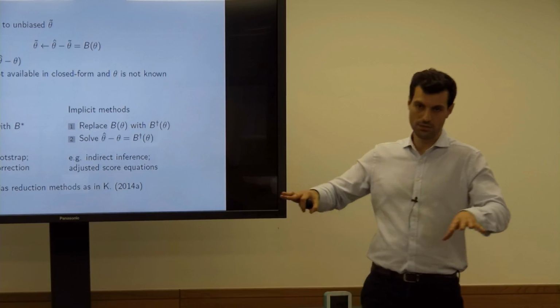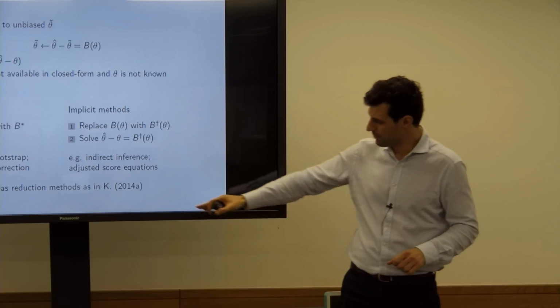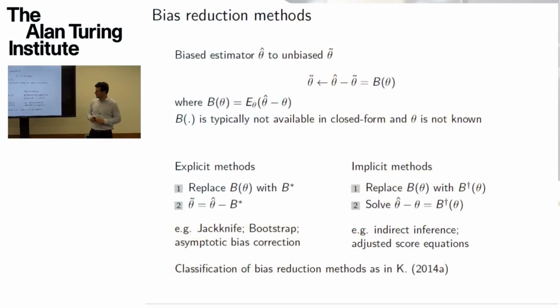And there are two kinds of methods. This comes from a review paper that I wrote. There are explicit methods where you simply estimate the bias and then you take it off the estimator, like the bootstrap, jackknife, asymptotic bias corrections, and others. And there are implicit methods where you simply estimate the function. You don't estimate the parameter as well.